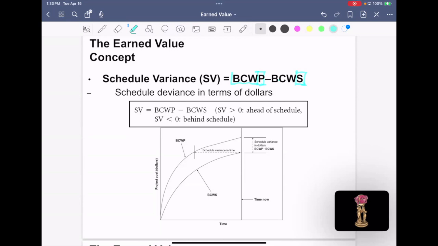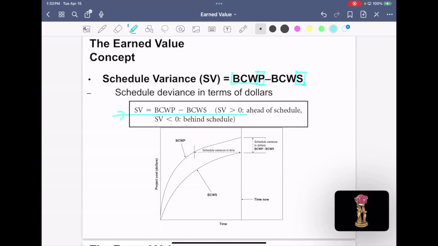If your schedule variance is more than 0, that means you are ahead of your schedule, because everything is based on your budget. If your actual performance is more than your schedule, then you are ahead of schedule. If your actual performance is less than your schedule, then you are behind schedule, right? So make sure you understand what SV more than 0 or SV less than 0 means.